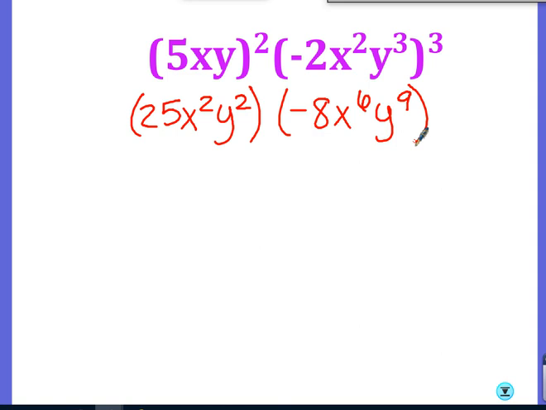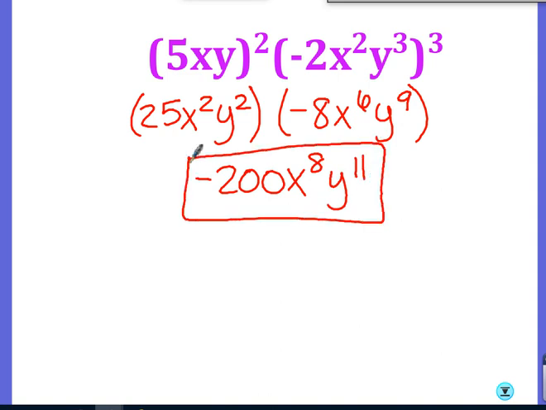For the second parentheses, you will get negative 8 x to the 6th y to the 9th. Now, you will multiply your coefficients and add your exponents. Your final answer will be negative 200 x to the 8th y to the 11th.